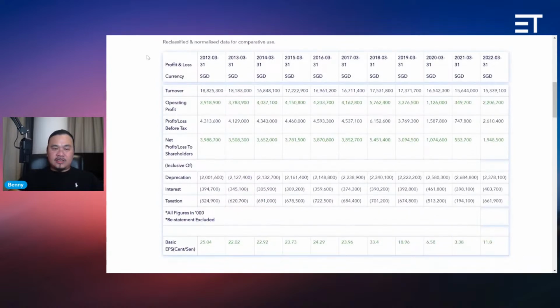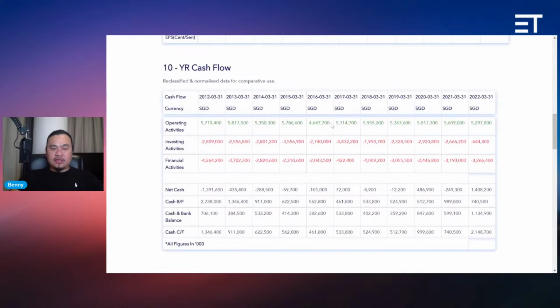So nothing fantastic. Turnover 10 years ago was 18 billion. The last financial year, March 2022, it has gone down from 18 to 15 billion. Operating profit, or net profit, has gone down from nearly 4 billion 10 years ago, and is now only at 1.9 billion.